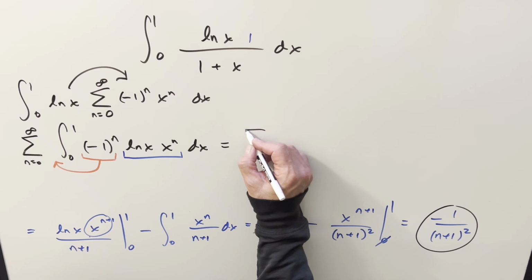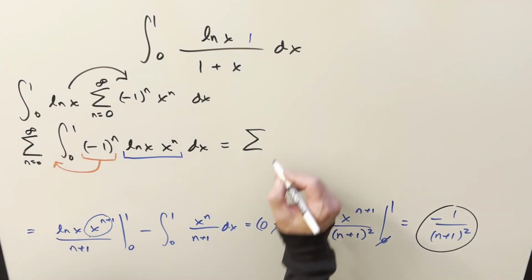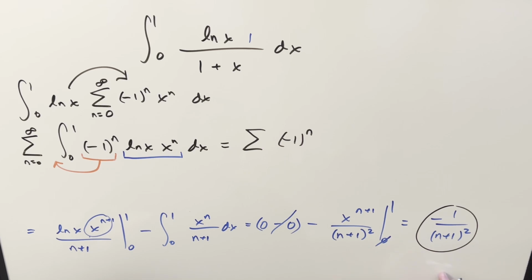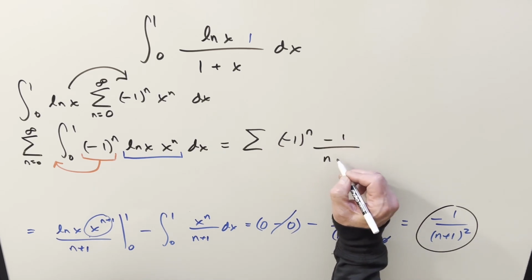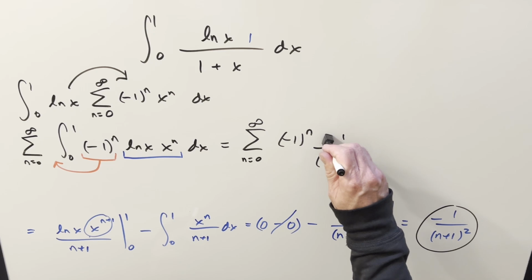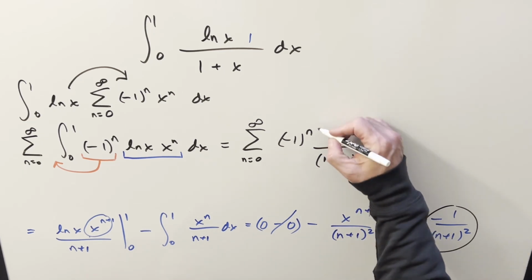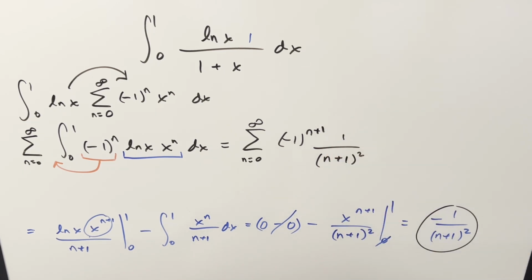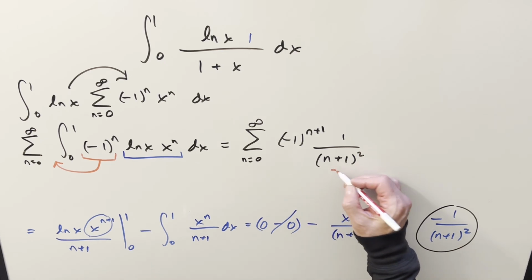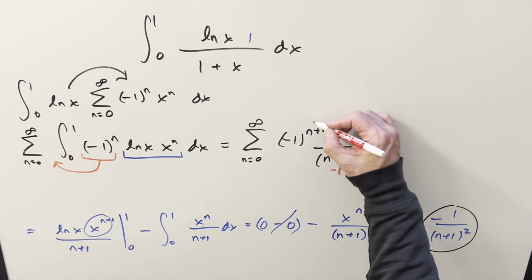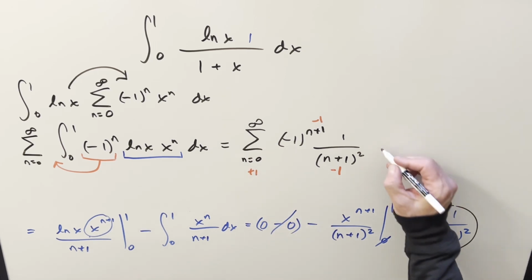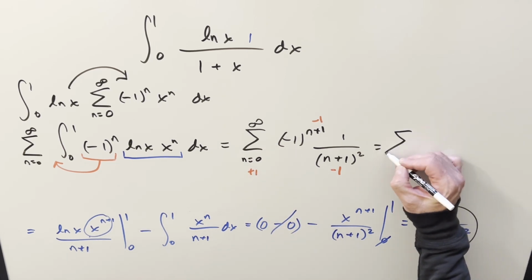We have this minus 1 to the n that we've already pulled outside of the integral, and then all this stuff, minus 1 over n plus 1 squared. I can take this minus 1 and multiply it by this minus 1, and with exponent properties it becomes minus 1 to the n plus 1. Then I can do an index change, subtracting 1 from n here, subtracting 1 here, and we just need to add 1 here. Let's see what it looks like all cleaned up.